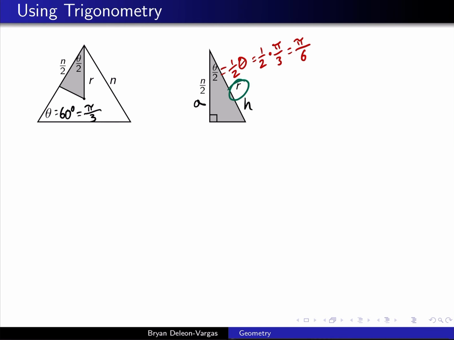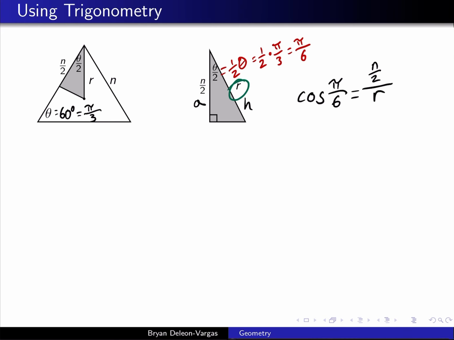So we're going to use cosine. The cosine of pi over 6 is adjacent over hypotenuse, which is n over 2 all over r. And then we're going to solve for r.